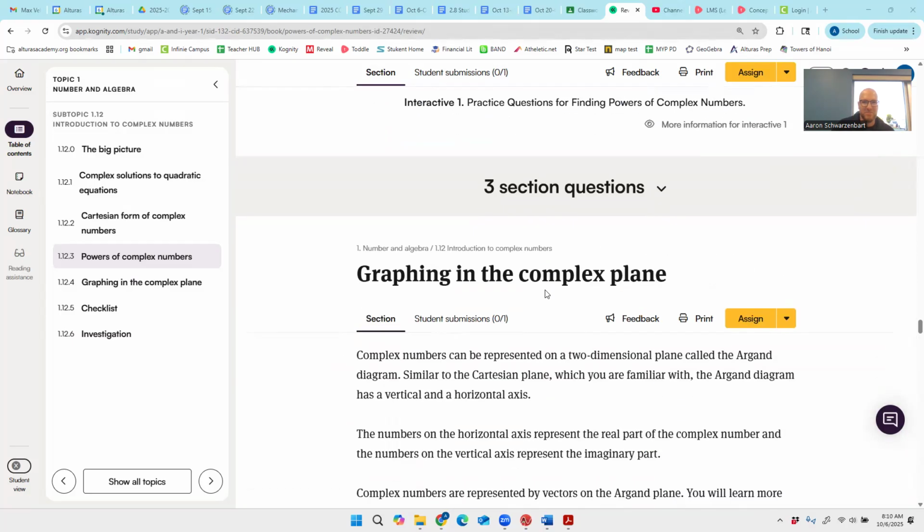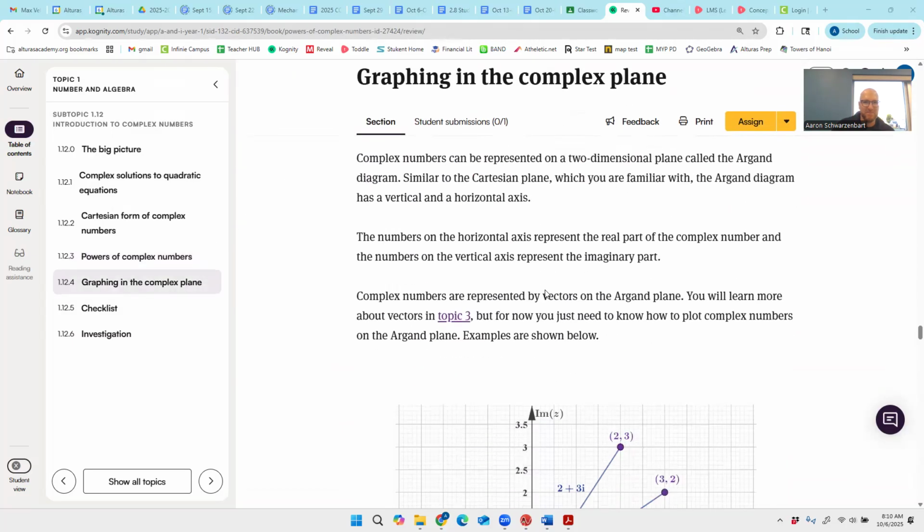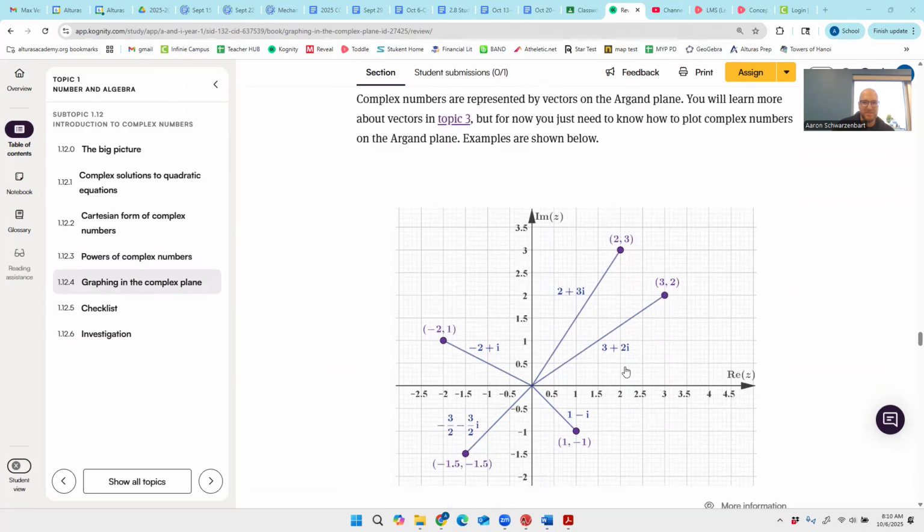So, graphing in the complex plane. I think I showed you this a little bit. Part of today's lesson is kind of short. 3 plus 2i, -2 plus i, -3 halves, -3 halves i.